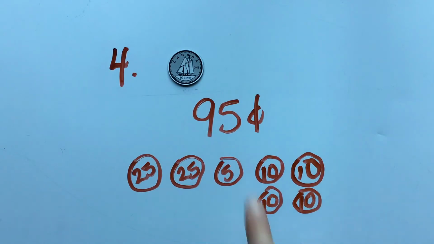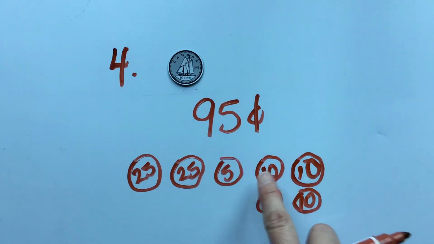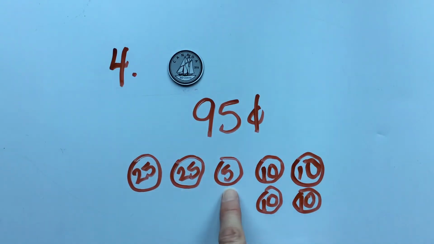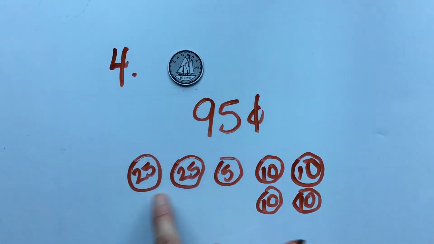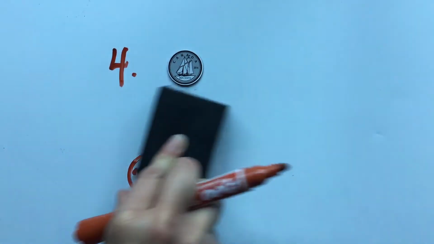Hey, everybody, we got to 95 cents by drawing 4 dimes. Let's see if that's right. So we had originally 55 cents, 25, 50, 55. Our job was to count by tens until we got to 95. So 25, 50, 55, 65, 75, 85, 95. There it is. I added 4 dimes.